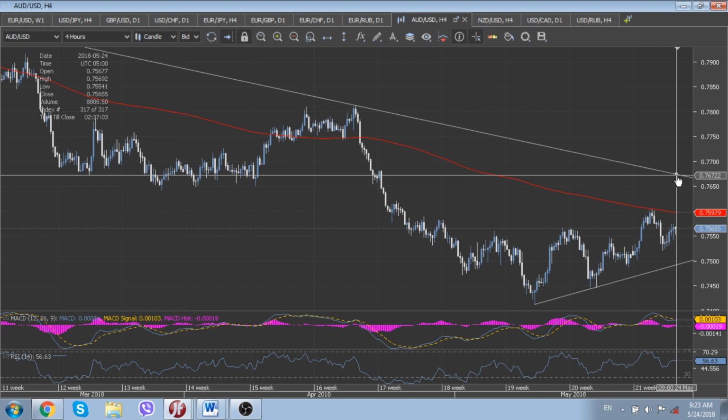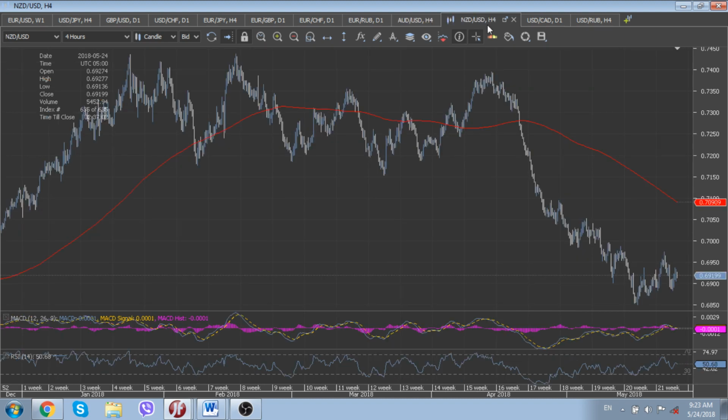The same applies, by the way, for the New Zealand dollar, but we still suggest to stay on the sidelines, because from the point of view of risk-reward consideration, the situation is not so welcoming to initiate any kind of long position right now.